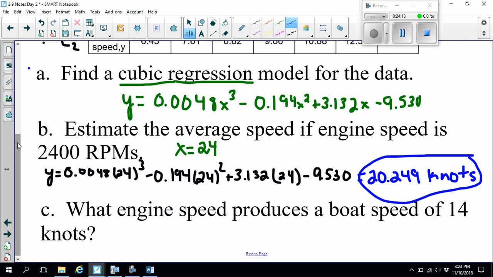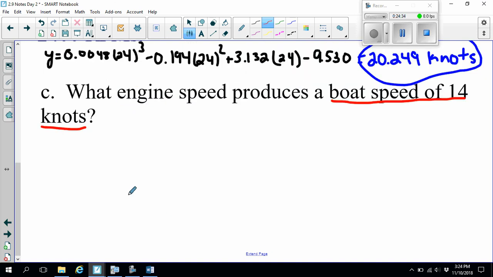Okay. Now our last one for part C says, what engine speed produces a boat speed of 14 knots? So notice here that the 14 knots, our boat speed, is our y value. So that means for part C, we are trying to find the x.